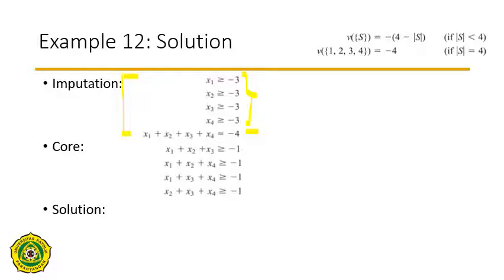And then we need to ensure that the imputation is in the core. We need to ensure that the imputation is undominated, which means that for all subsets of the set of the players, the reward that is given by this imputation is greater than or equals to the characteristic function Vs. Now here we do not write down all the constraints for all subsets because only this constraint matters for the coalition of 3 players.